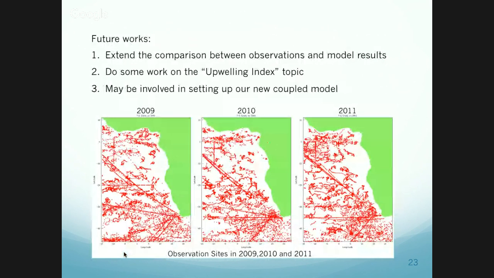First of all is to extend the comparison between observations and model results, like Jason's 9 kilometer run extended, and this was in 2009 here, and there are a lot more observations here. We're not getting anything close to the coast, so that's the most interesting. So yeah, that's a problem. Forget about the errors. Okay, the most interesting region.